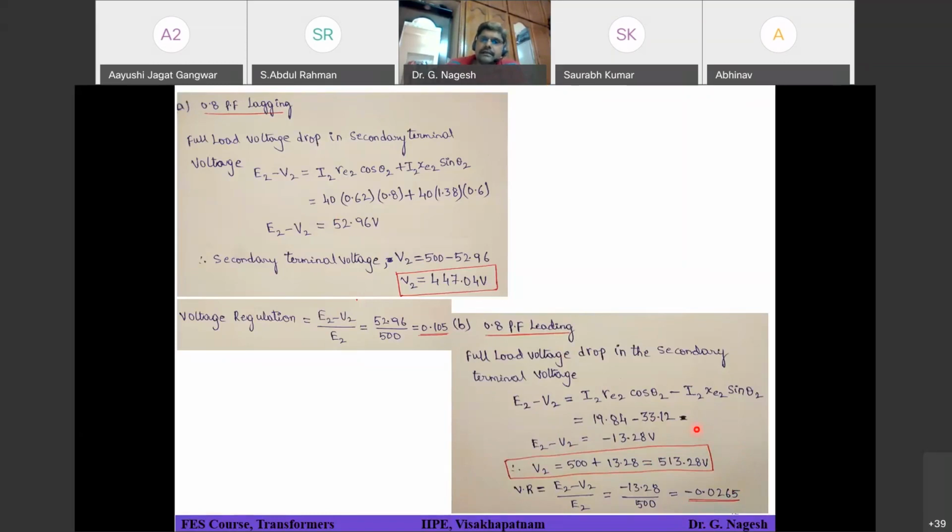These formulas come from the phasor diagram we have already seen, and the phasor diagram comes from the simplified approximate equivalent circuit, which means your excitation current is neglected. Usually for large transformers they use this methodology for ease of calculation.